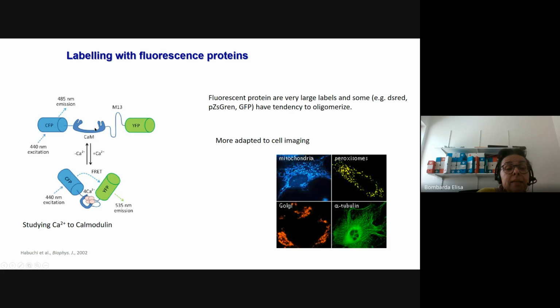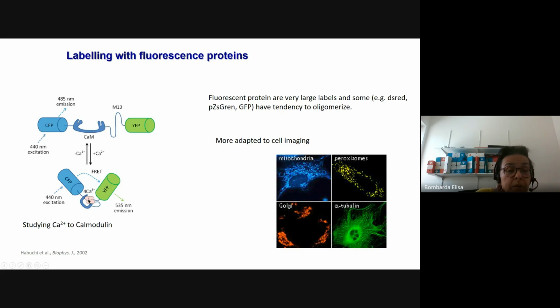So practically, without calcium, the protein is stretched, the fluorescence proteins are far apart, there is no transfer. With calcium, the calmodulin gets compact and implies the closeness of the 2 fluorescence proteins. And so FRET is allowed. That was the way in which calcium binding could be detected.